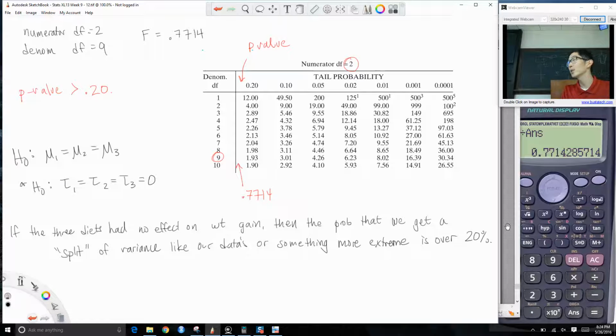Okay, so this kind of variance split could happen quite frequently just from random chance. Therefore, we would say we do not have evidence that the diets had any effect on weight gain.